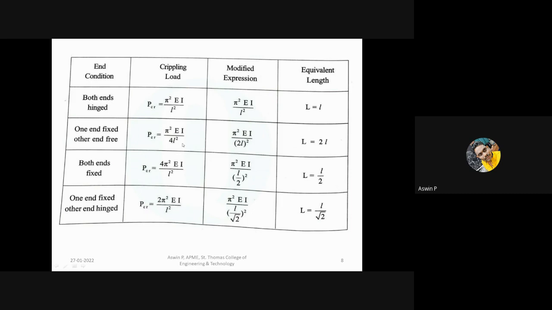And when you are substituting L by 2, you get L by 2 all square, and that can be taken to the top side, that is 4 pi square EI by L square. And when you are substituting LE as L by root 2, we will get L by root 2 square. Root 2 square will become 2. So the final answer will be 2 into pi square EI divided by L square.